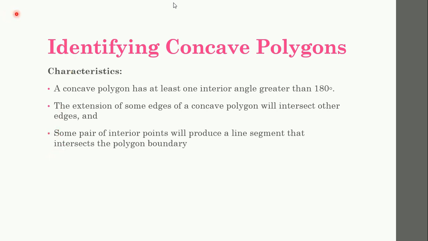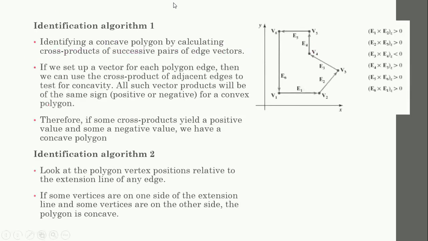So let us see the algorithms to identify concave polygons. Identification algorithm 1: identifying a concave polygon by calculating cross products of successive pairs of edge vectors. Let us consider a concave polygon here.